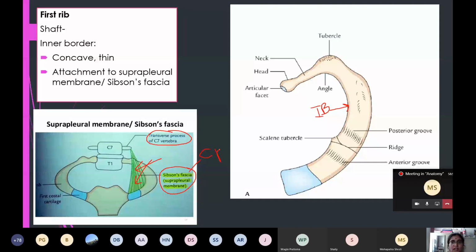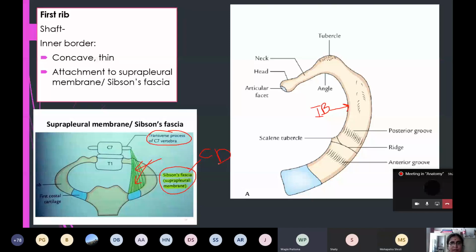Clear? What is the name of the structure attached to the inner border of the first rib? Ma'am, Sibson's fascia. What is another name of Sibson's fascia?